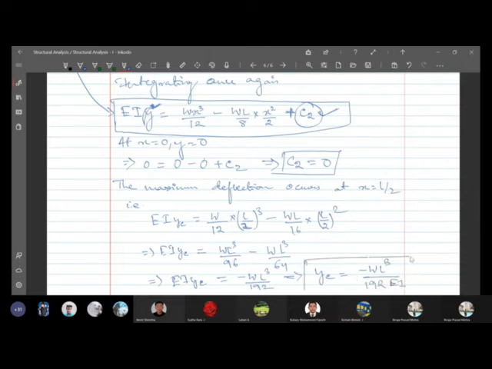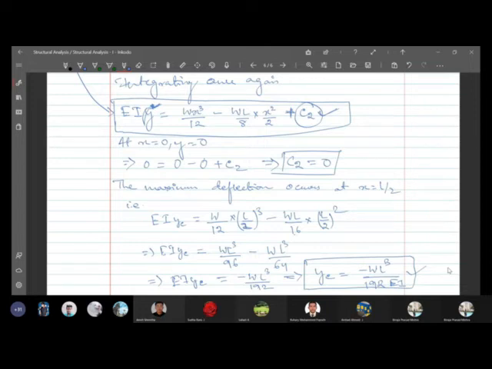So this is the deflection at the midspan of a fixed beam having a concentrated load at the midspan. Okay, that's it.